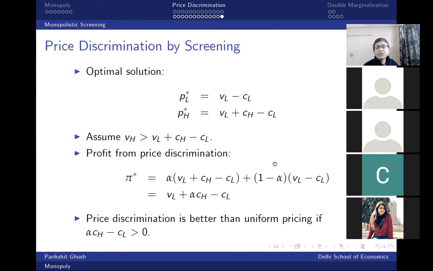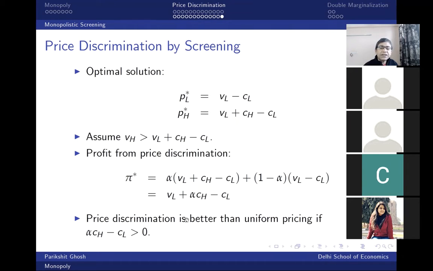Well, we have to just calculate the expected profit. Under this kind of screening strategy, what is expected profit? For the high value guys, you get the pH, the equilibrium value that we have calculated. For the low value customers, you get VL minus CL, and this is the term here.